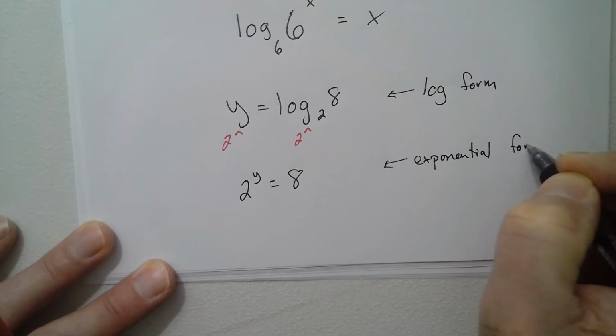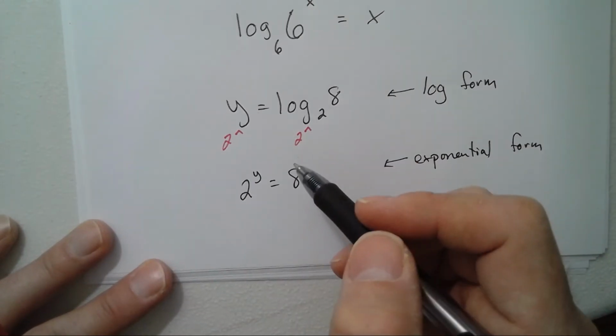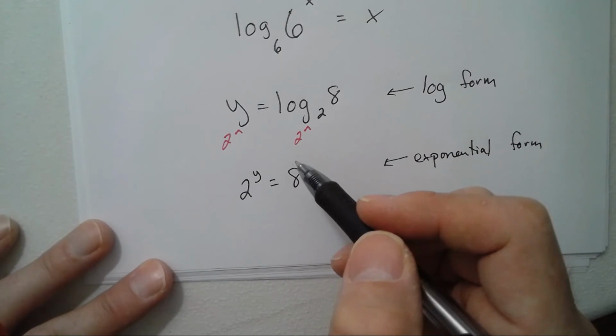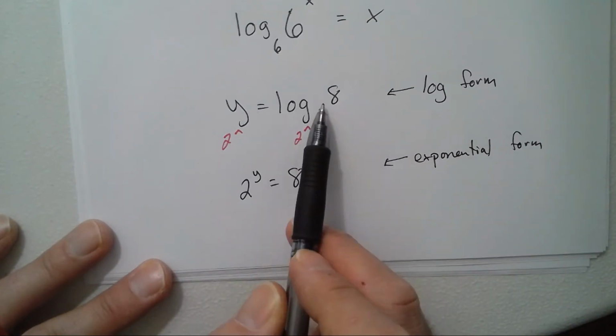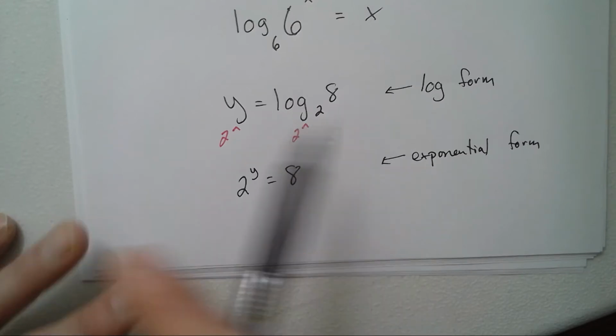These are the same 2 equations in just different forms. So if you see a log and you want to write it in the other form, just look at what the base is of each side, and we have exponential form.